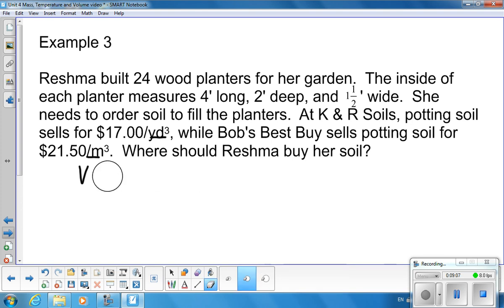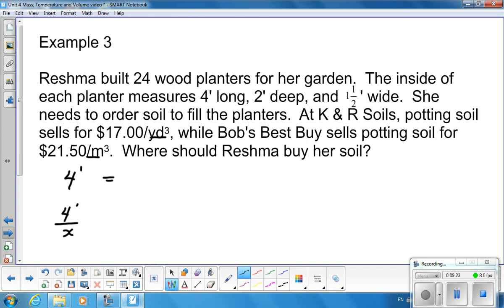If it's 4 feet long, we need to convert that into yards. There's 3 feet in 1 yard, so we end up dividing the number of feet by 3. So we end up with 4/3 of a yard.